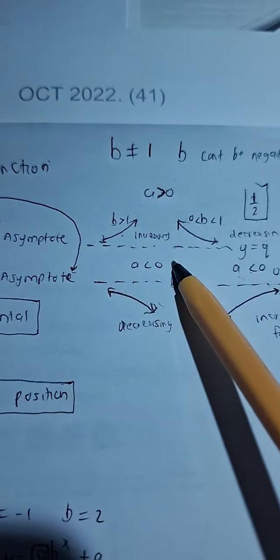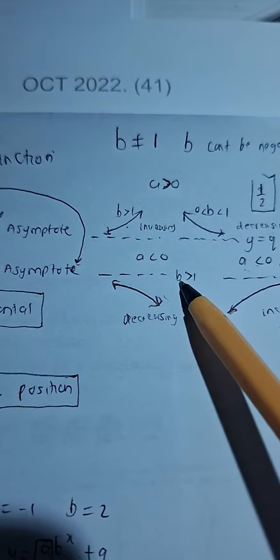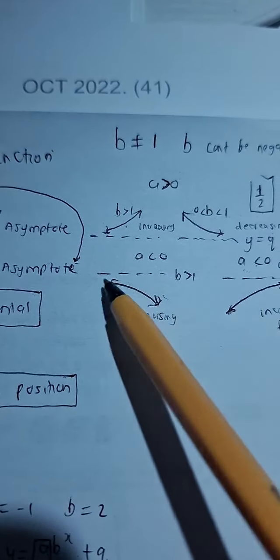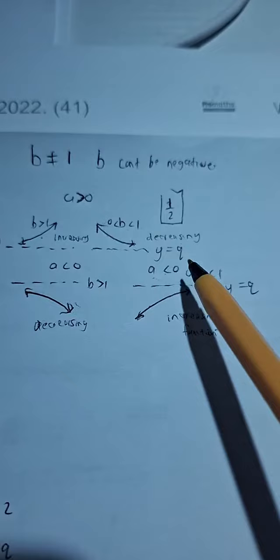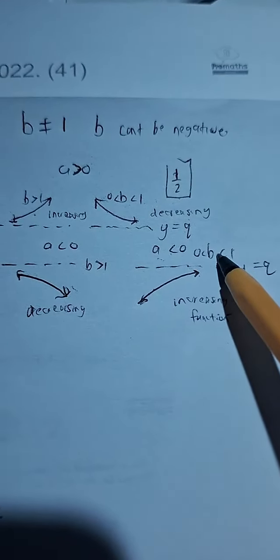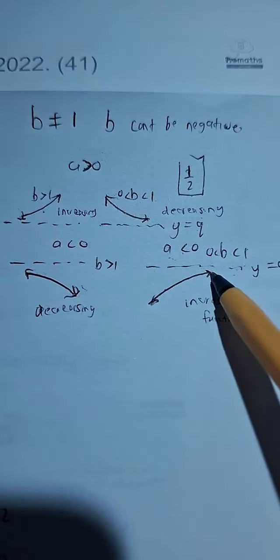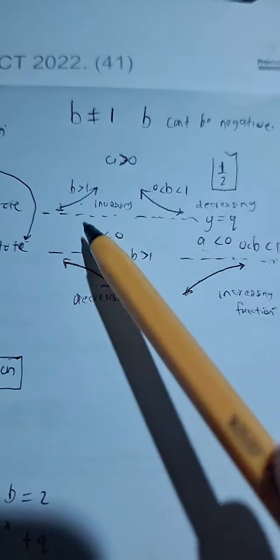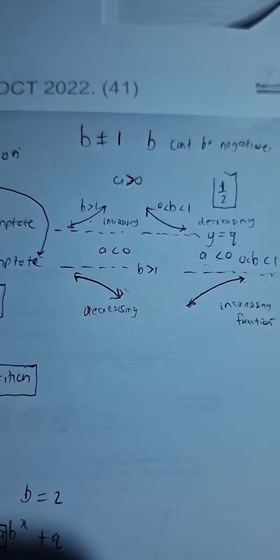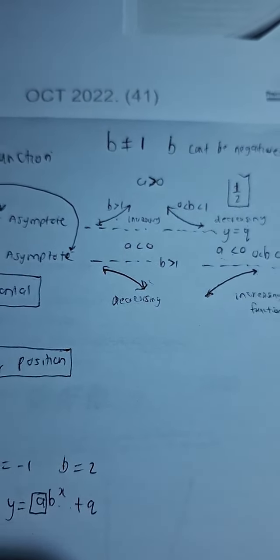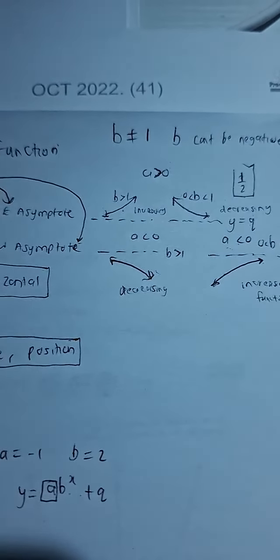When a is less than 0 and b is greater than 1, the function is found below the asymptote, but it's decreasing. When a is less than 0 and b is between 0 and 1, the function is below the asymptote, but it is increasing.